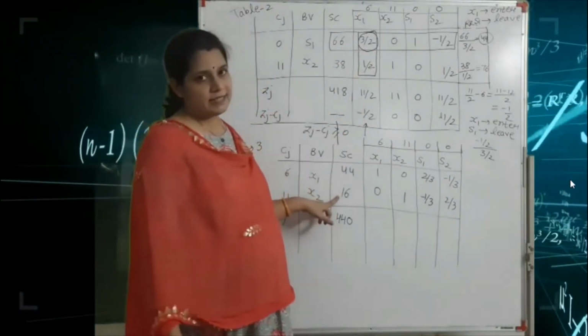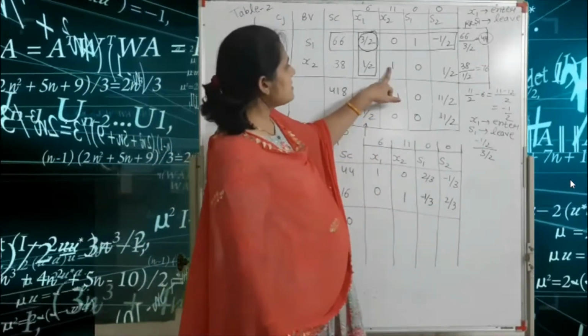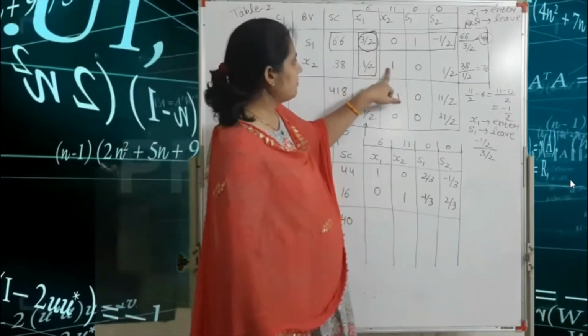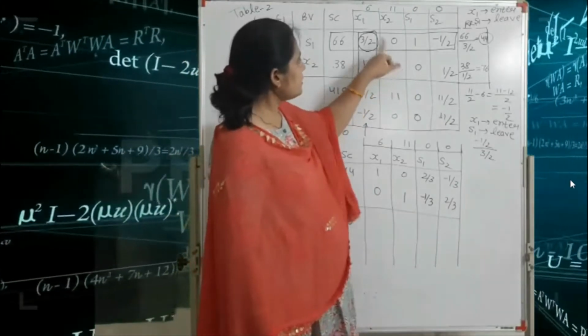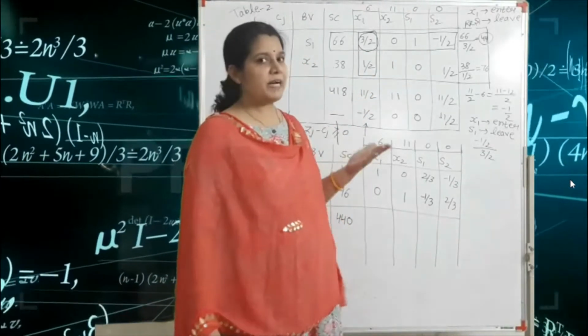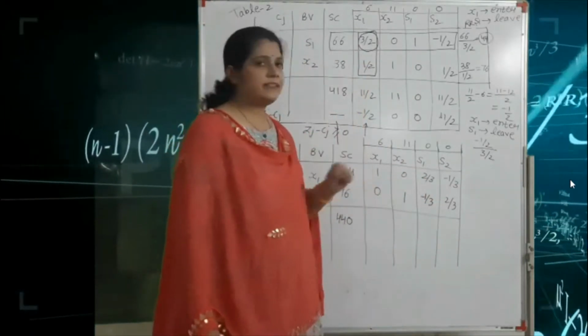So we get the 16. This value is already 0. Next one is the 4 times this value. So 3 by 2 into 1 is 3 by 2, minus 1 by 2 into 0 is 0. So 3 by 2 remains, divided by the key number. Key number is 3 by 2, so we get the 1.